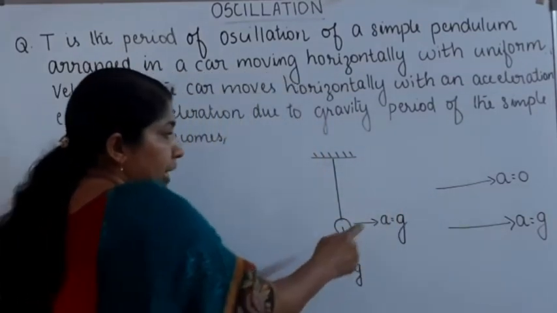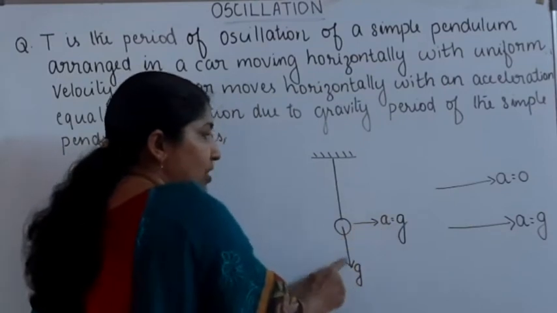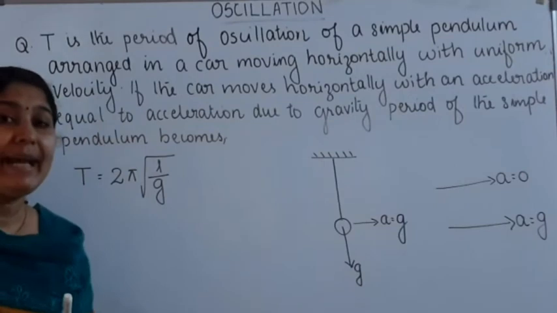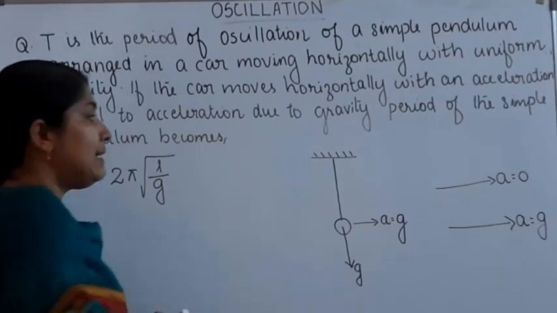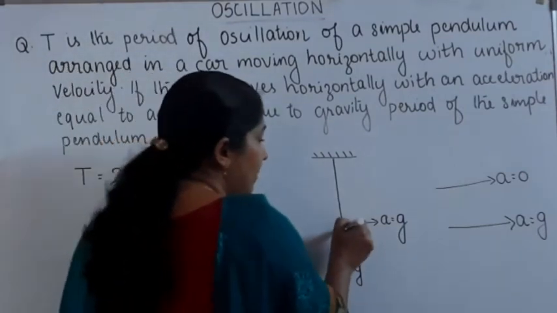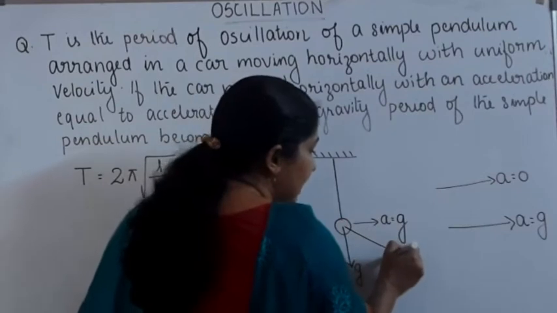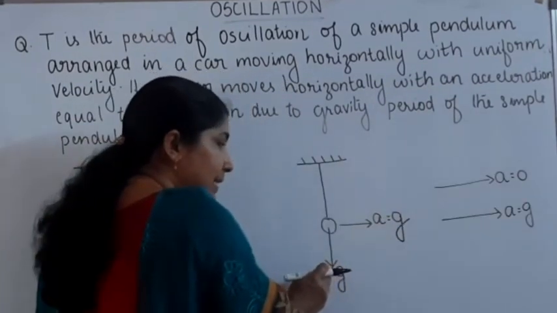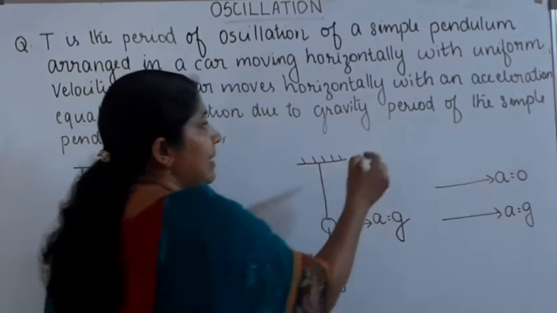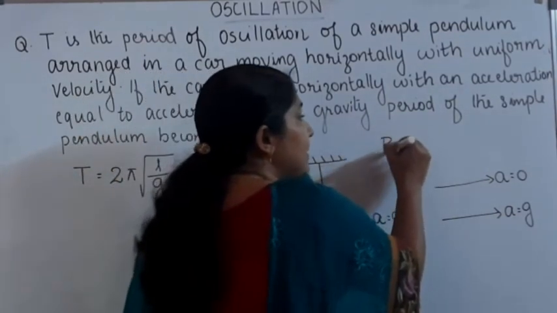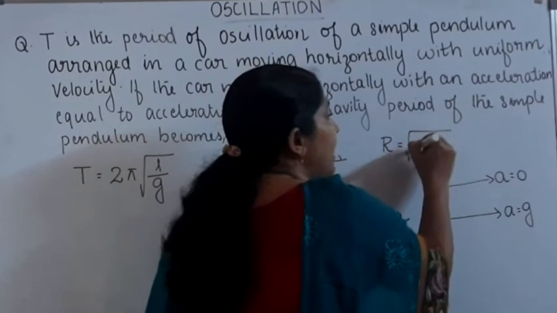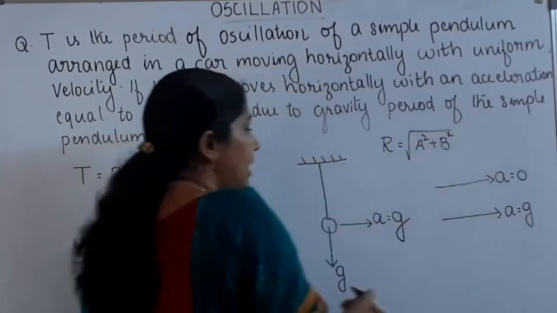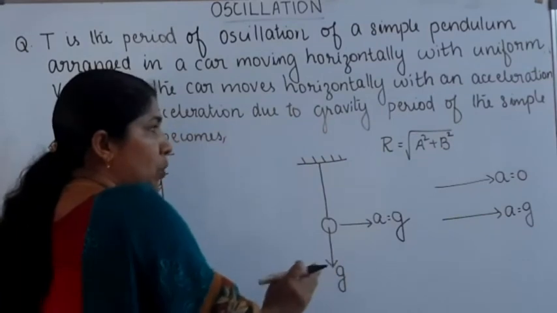Here these two accelerations act perpendicular to each other, so what is the resultant acceleration of the pendulum? The resultant acceleration is in this direction. When two vectors act at an angle of 90 degrees, the resultant is equal to √(a² + b²). Similarly, here two vectors are acting perpendicular to each other.